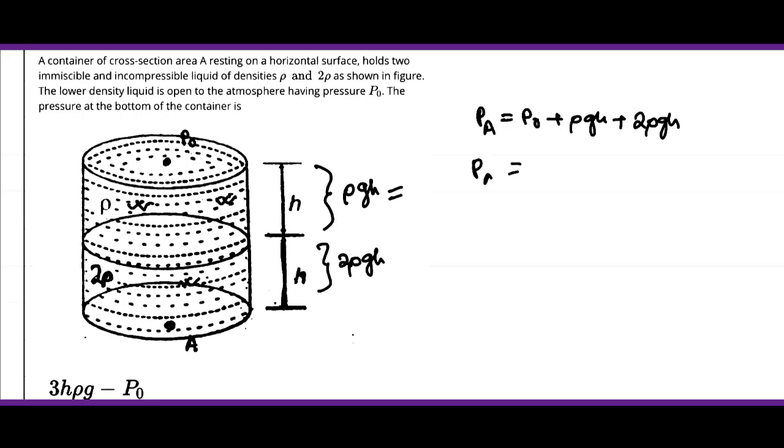So PA will be P naught plus 3 rho GH. This is our pressure at A.